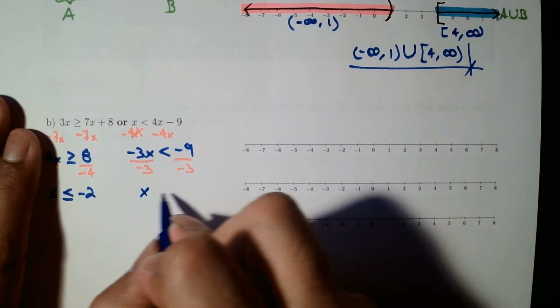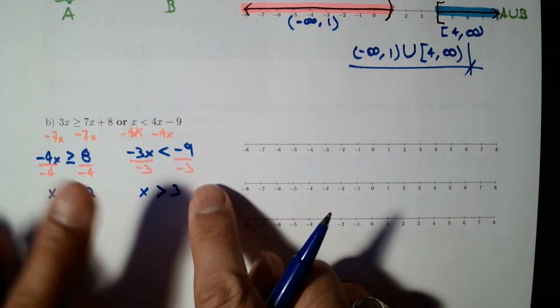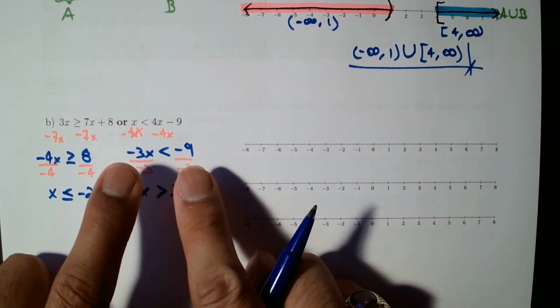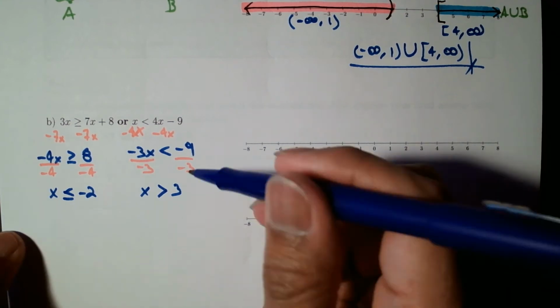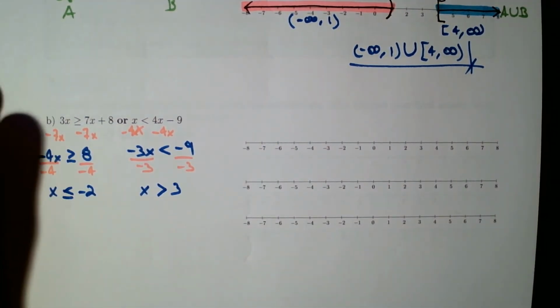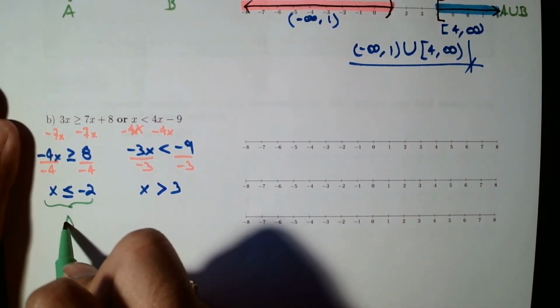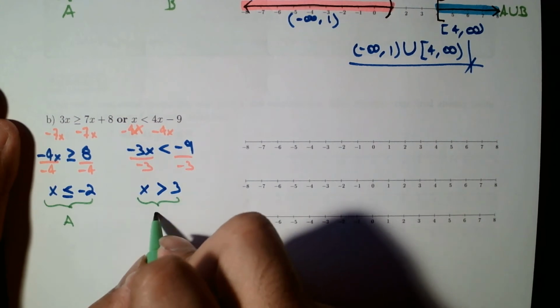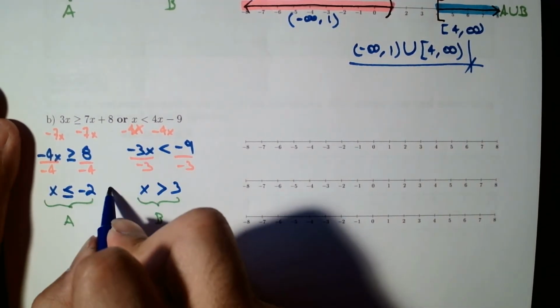And x is going to be greater than 3, again, because we divide both sides by a negative number, we need to reverse the inequality sign. And negative over negative is positive, 9 over 3, which is 3. So this is going to be our set A, and this is going to be our set B. And we're looking for OR.